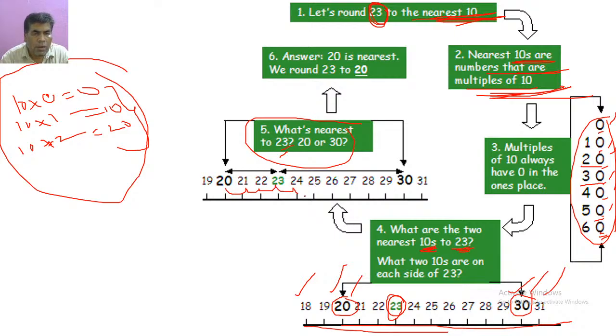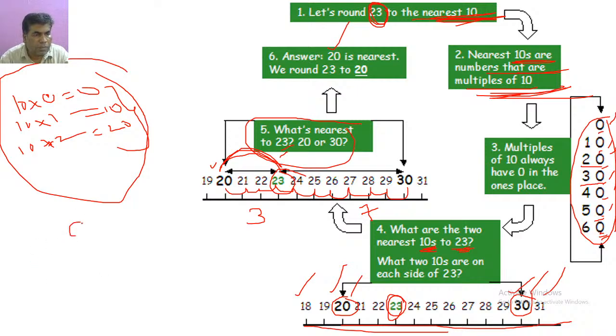From 30, 1, 2, 3, 4, 5, 6, 7, 7 places. So 23 is nearer to 20. So 20 is the nearest 10.